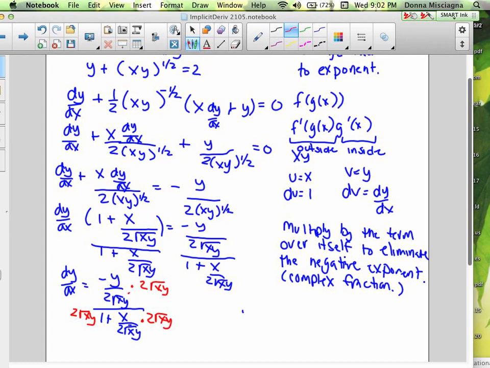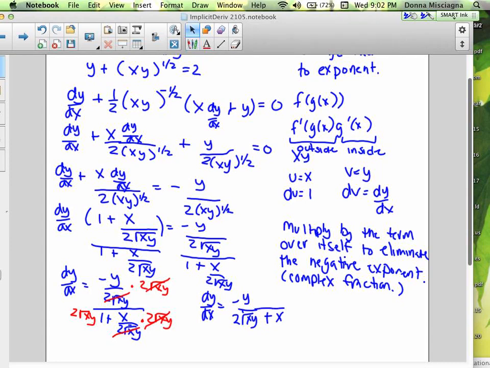I don't want that in the denominator, and if I multiply every term by it, I won't have a complex fraction anymore. So in the numerator, we are left with dy/dx equals negative y divided by 2 square roots of xy plus an x. I don't care about radicals in the denominator. We just don't want complex fractions. That's good enough for me.